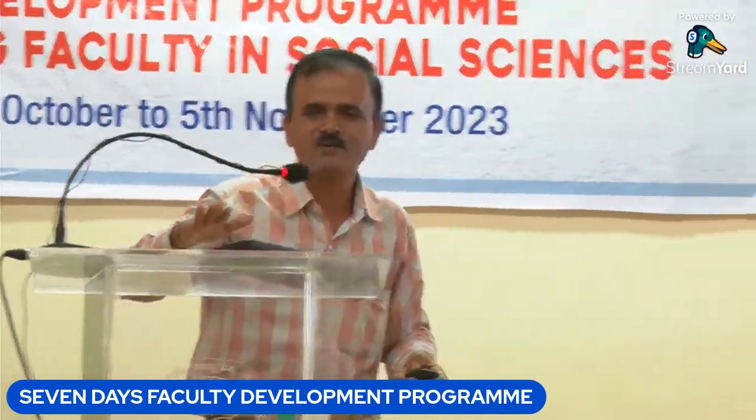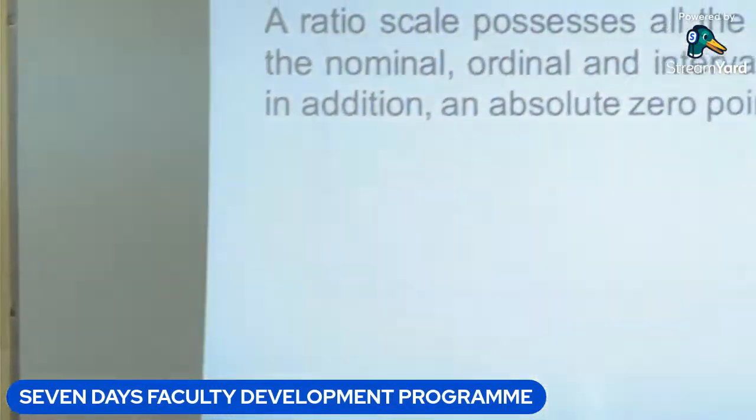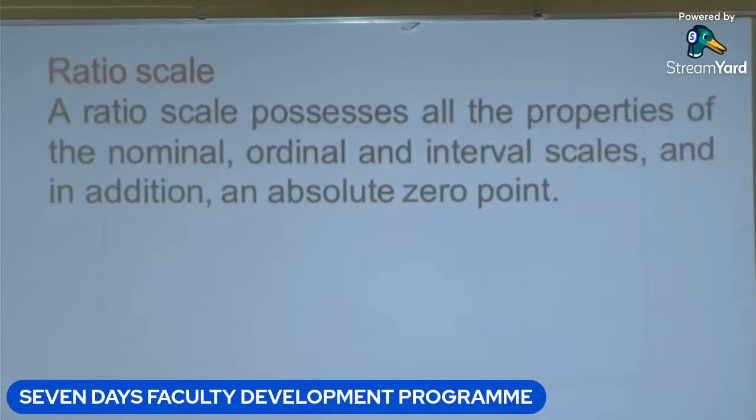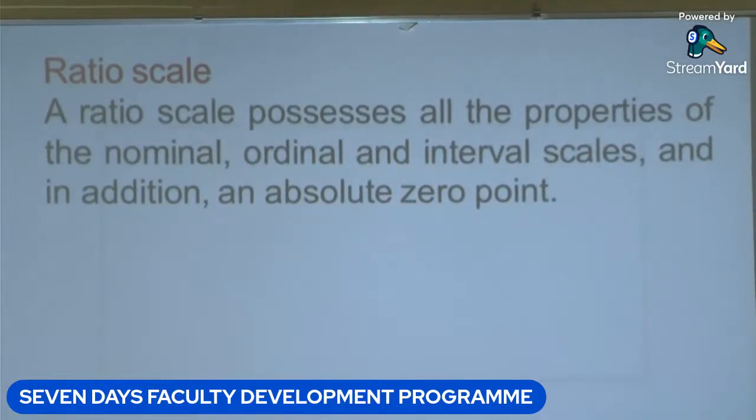As I have told you earlier, there is not much difference between interval and ratio scale. These two types of measurement scales are generally called metric scales, and most of the statistical tools developed by statisticians are related to this interval and ratio scale.